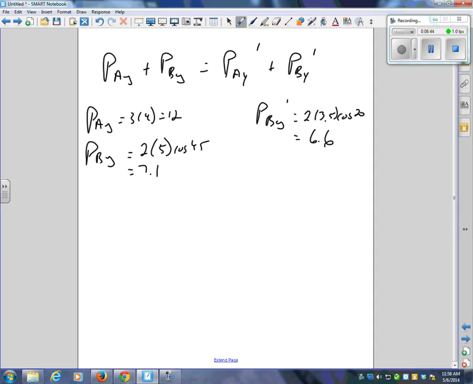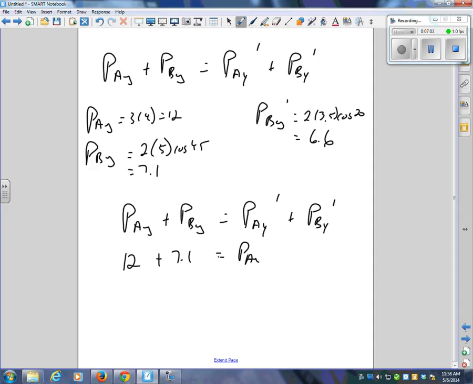And once again, I'm going to have all of this again. So this is going to be 12. This is 7.1. They're both up. PAY prime is what I'm solving for, and PBY prime is 6.6.